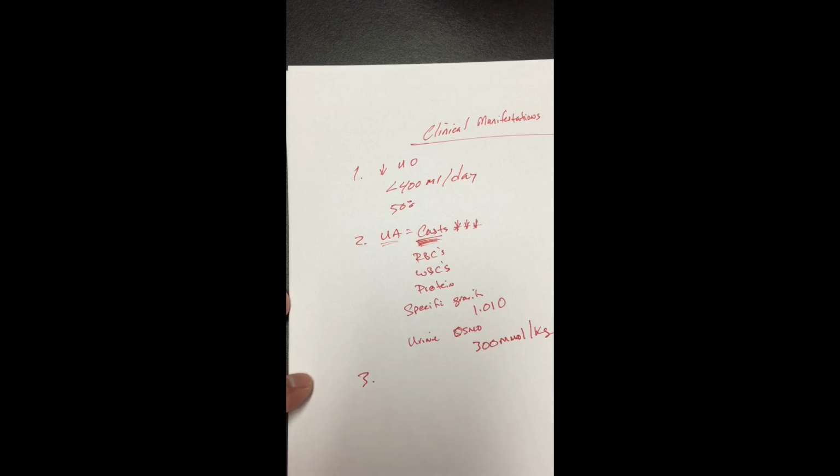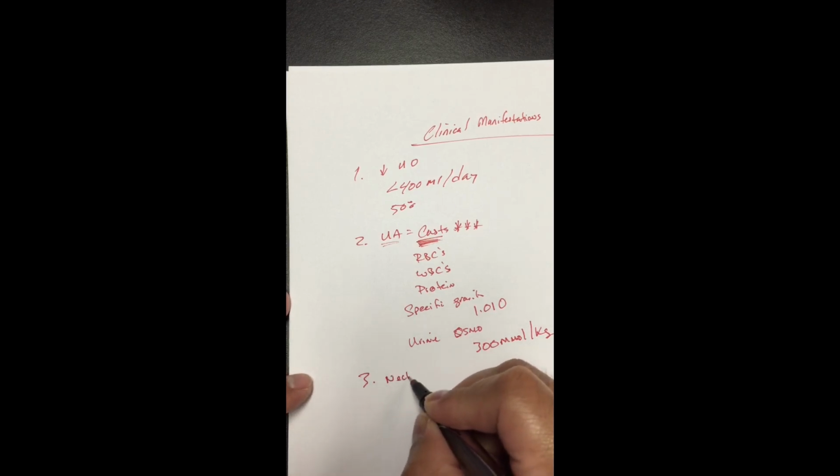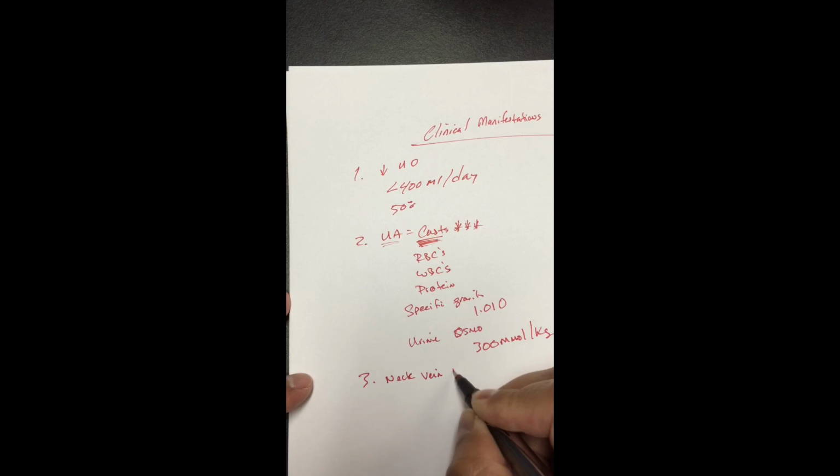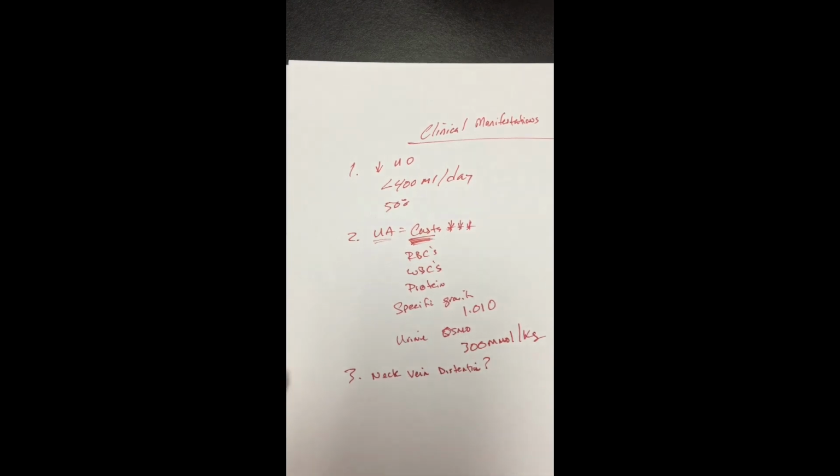Number three, you will notice that there is neck vein distension. Now why? Well, we talked about how your kidneys are filtering your blood, they're producing urine. Well, if you damage your kidneys, you've damaged that ability to filter your blood. You've damaged that ability to produce urine.